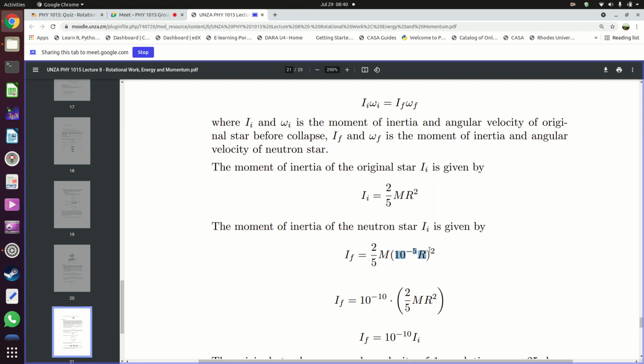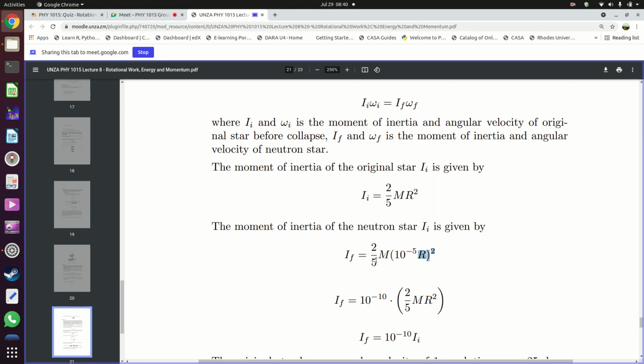When you square this whole thing, you end up with a moment of inertia equal to 10 to the power minus 10. Then this term remains: 10 to the power minus 5 squared gives you 10 to the power minus 10, and the remaining part is r, which is squared.